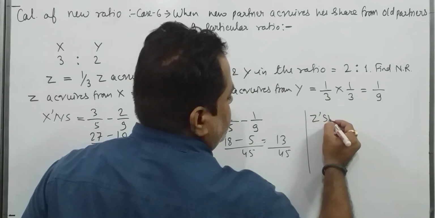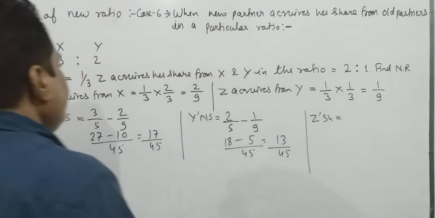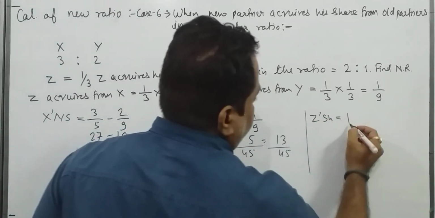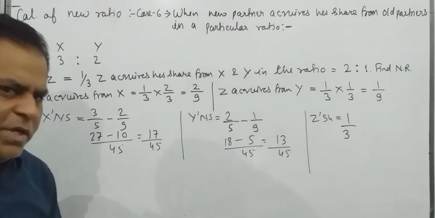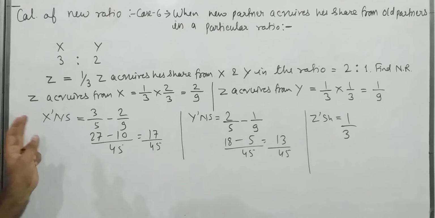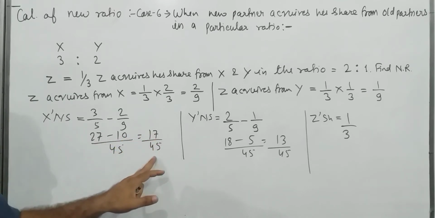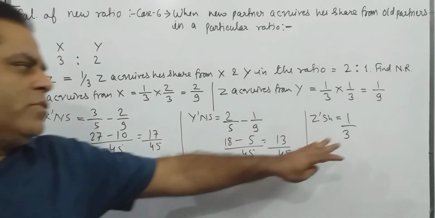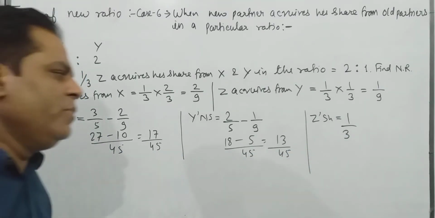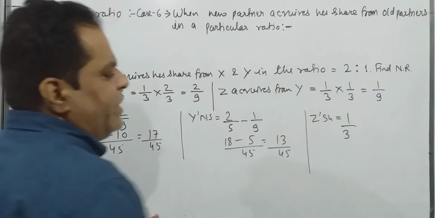Now Z's share. Z is admitted for 1/3 share. Now we have to make the denominators equal. For X we have 17 upon 45, for Y we have 13 upon 45. So here also we need 45. So what do we have to do? We have to multiply by 15.